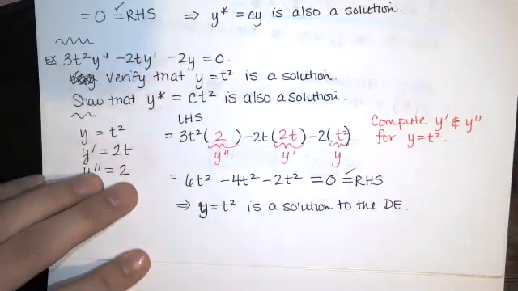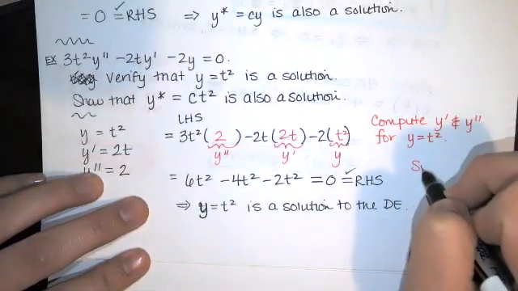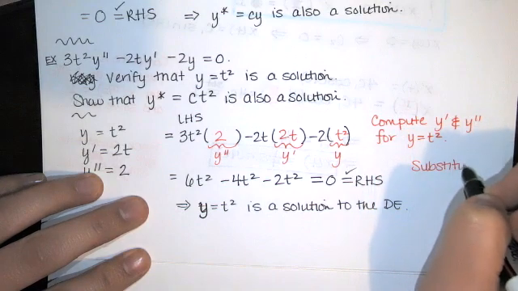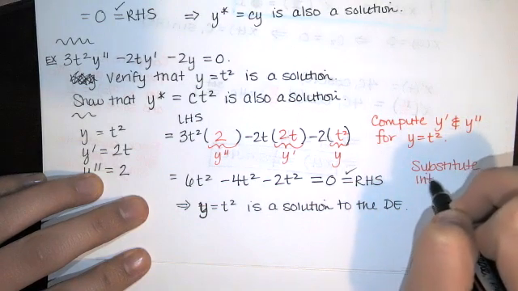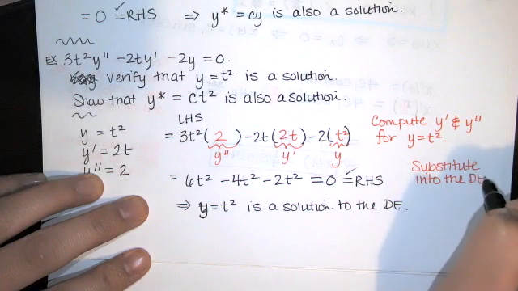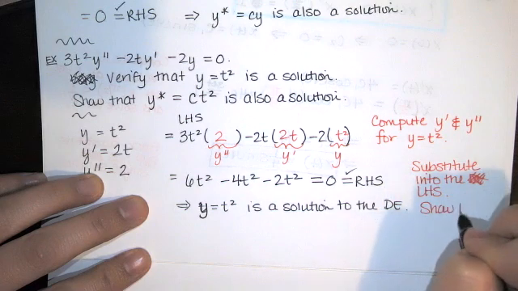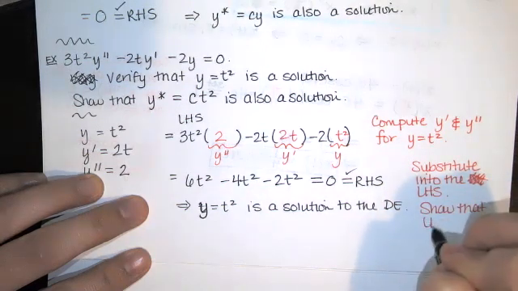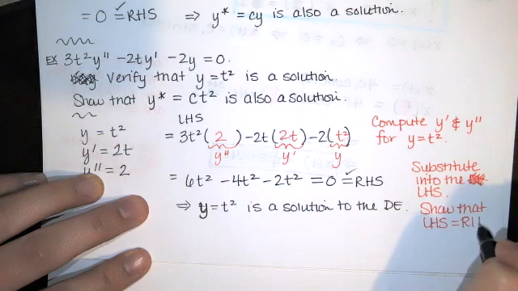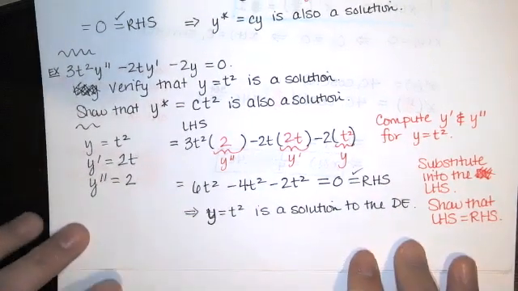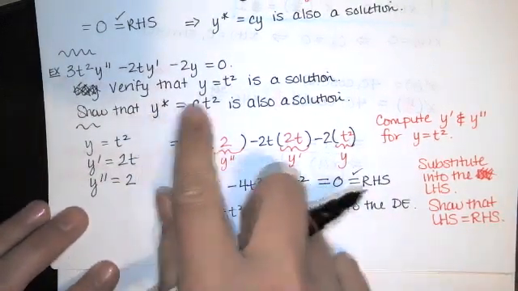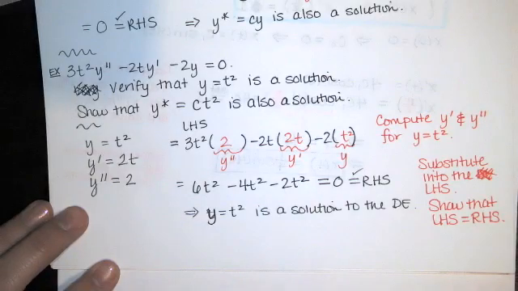So we just compute the derivatives, you substitute into the differential equation. Well, actually substitute into the left-hand side, and then show that the left-hand side equals the right-hand side. Okay, now we want to show that c times t squared also works.